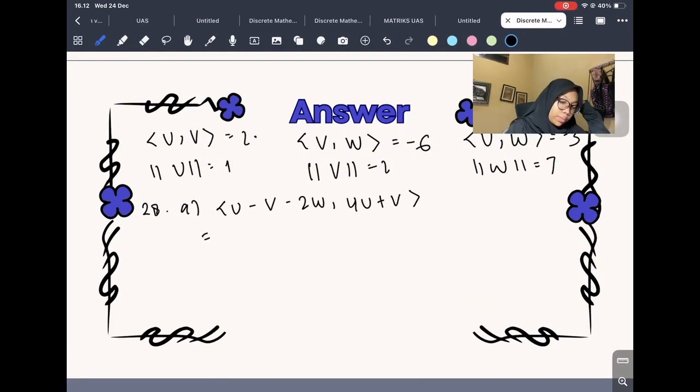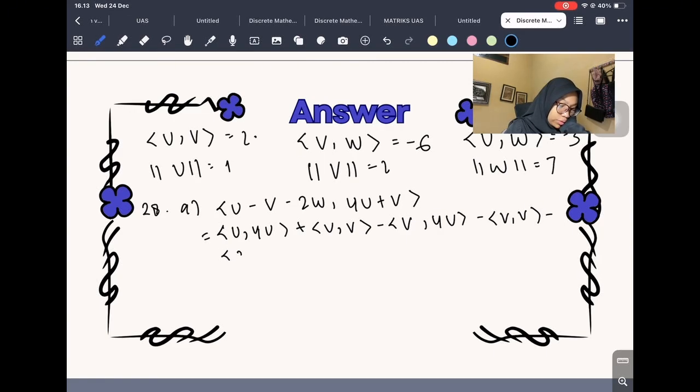Next question, 28, part A. We use linearity and expand everything carefully. So the question is the inner product of u minus 2w with 4u minus v, and so on. We expand term by term.